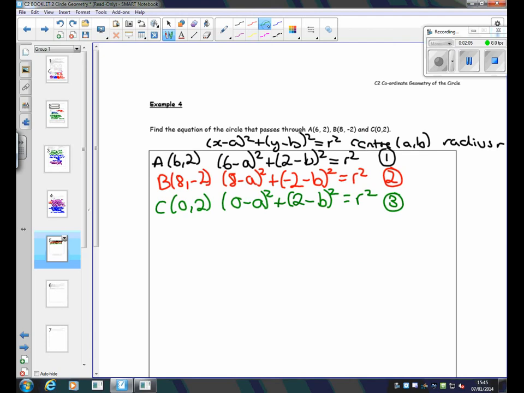Now firstly we are going to set equation number 3 equal to equation number 1.